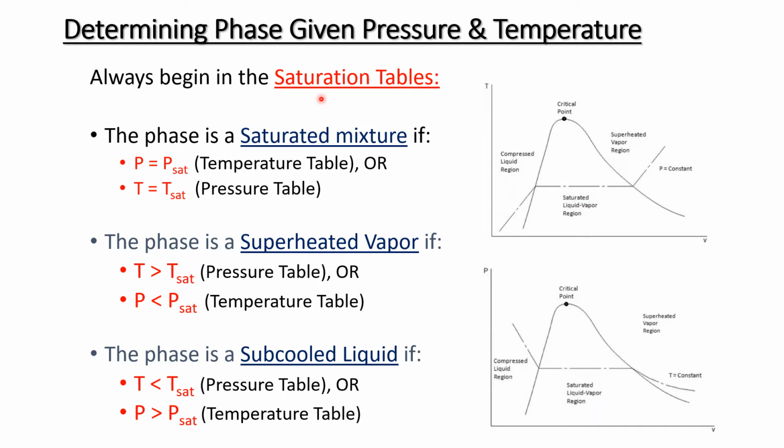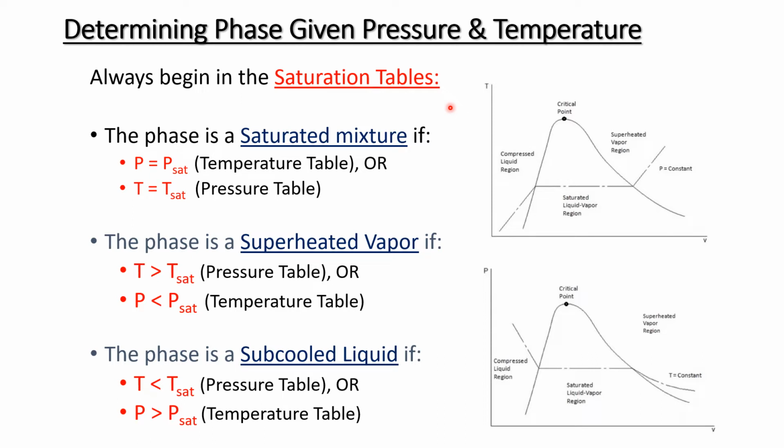One is organized by pressure, and one is organized by temperature. Now they have exactly the same data in them. They're organized this way for convenience. It might be more convenient for me in one situation to use the saturation table organized by pressure, and at another time it might be more convenient to use the saturation table organized by temperature.